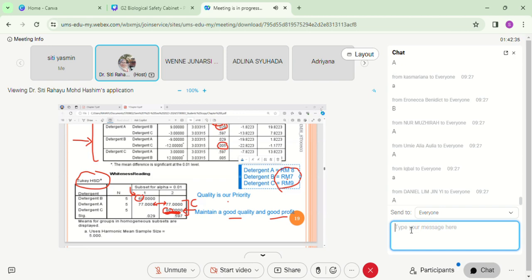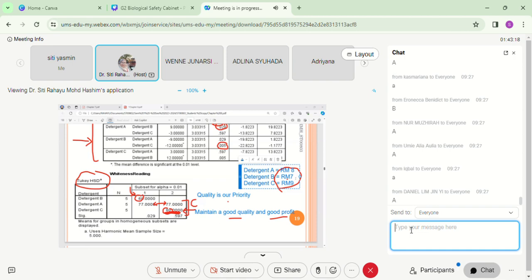So, jawapan dia adalah A. Memang yang jawab B tu, for detergent B is significantly lower than detergent C. So if you choose to buy B, even though you will get a good profit because the cost of the detergent is lower, but you cannot fulfill your vision yang pertama, which is good quality. Good quality for your customer, good profit for your company. Kan? Tak boleh. Yeah. And then why I cannot choose detergent C?